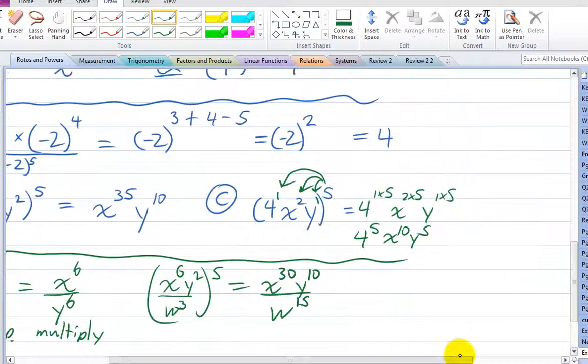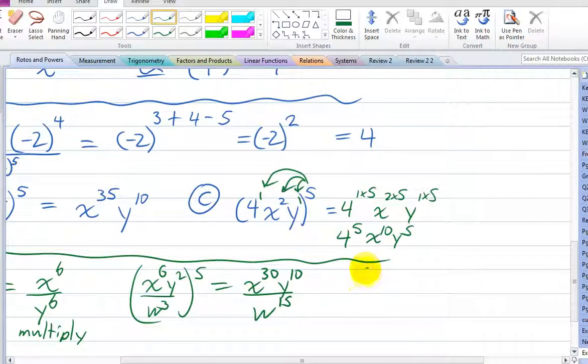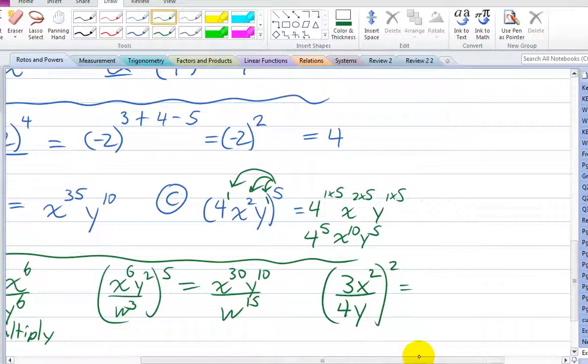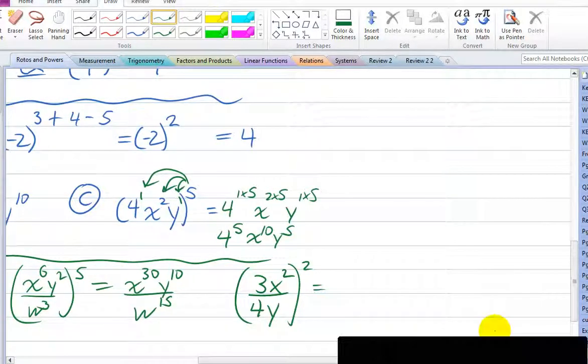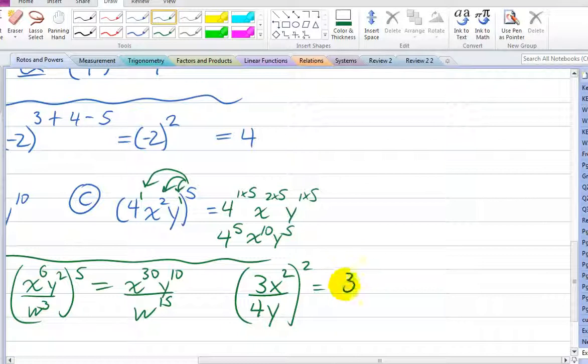Let's try another one. 3x squared over 4y all to the exponent 2. So 3 exponent 1 times 2.